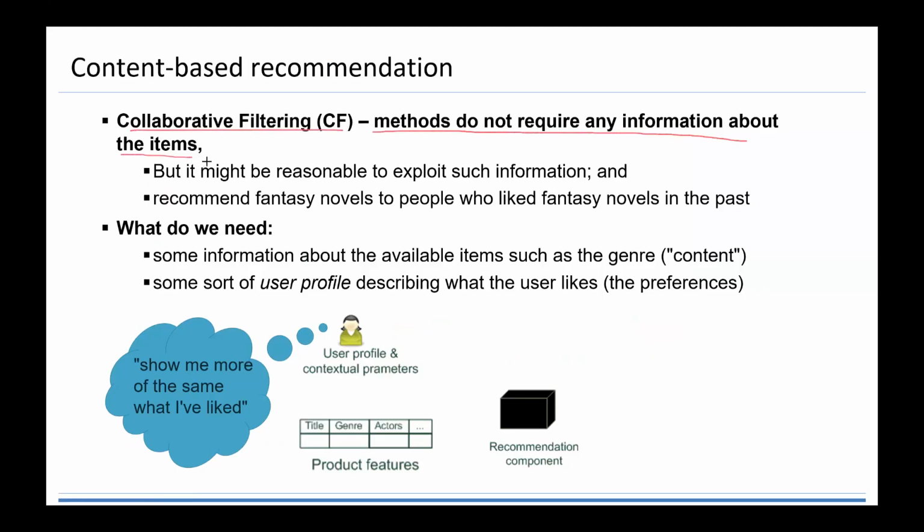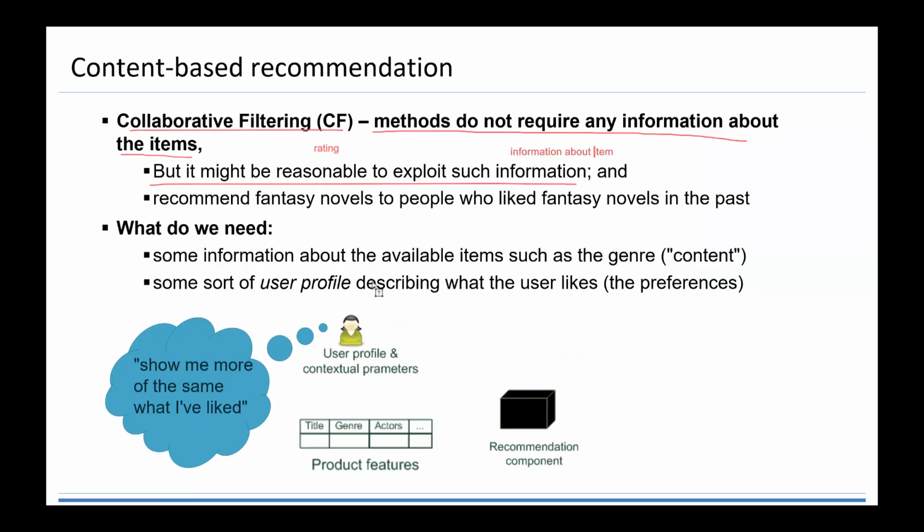We just rely on the rating given by the users. The idea is it might be reasonable to exploit such information. It means it is maybe good if we have detailed information about the item.